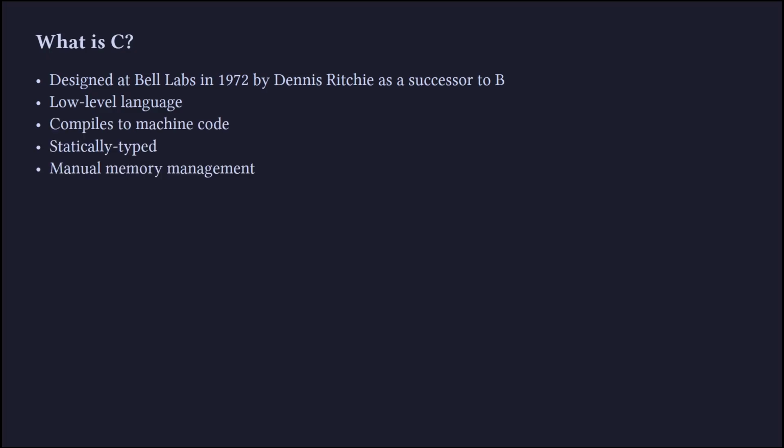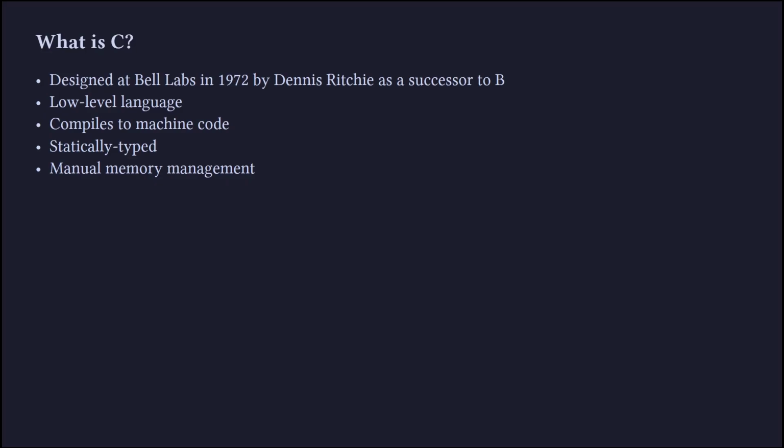Basically, one of the main hallmarks of low-level languages is that they generally compile down to machine code rather than being interpreted by an external program, in the case of Java with its JVM and bytecode, and in the case of Python, interpreted line by line.